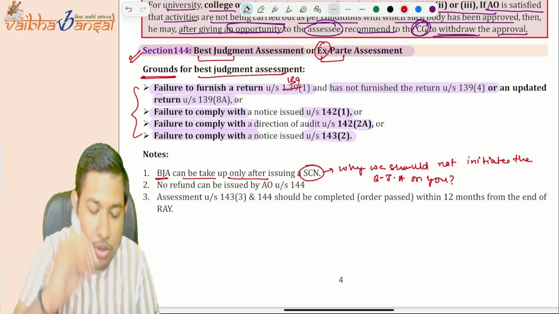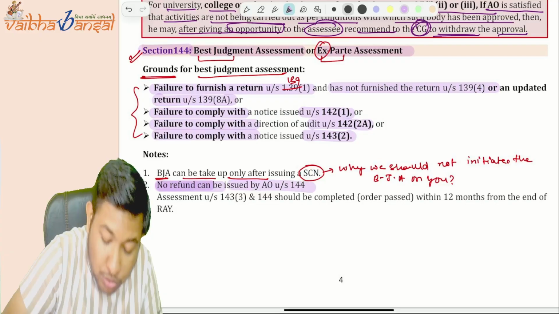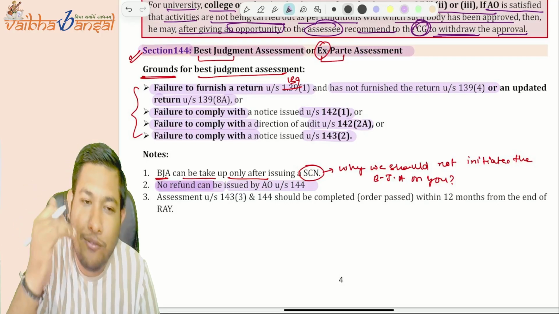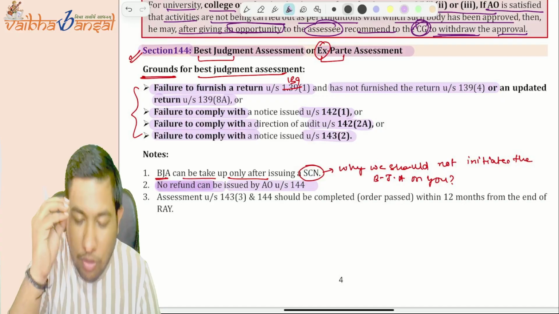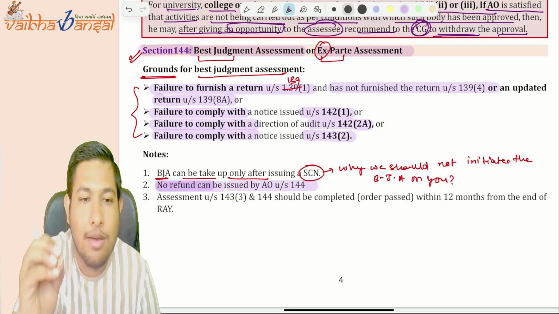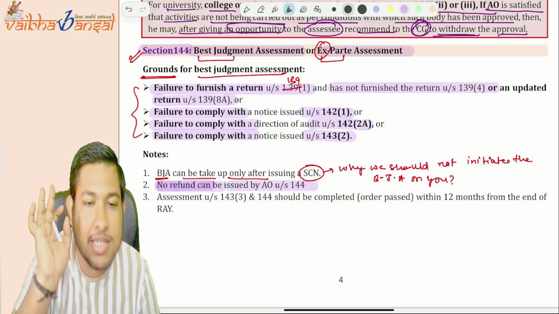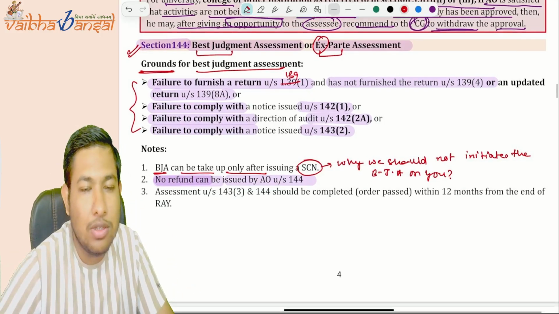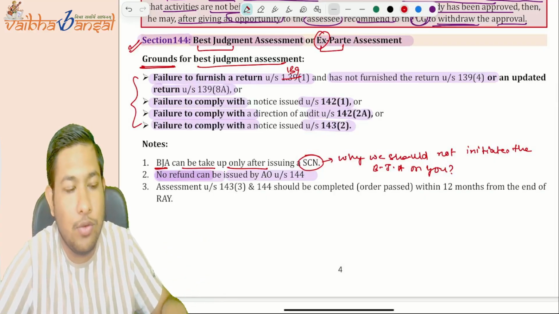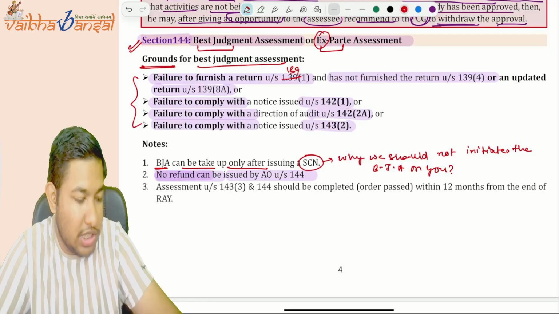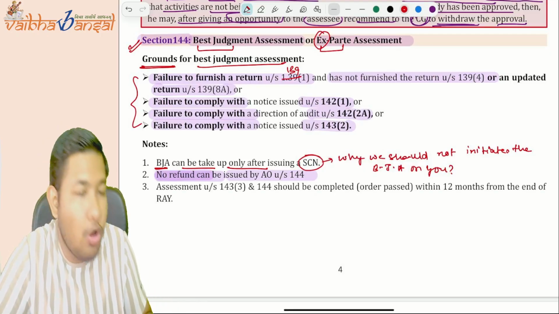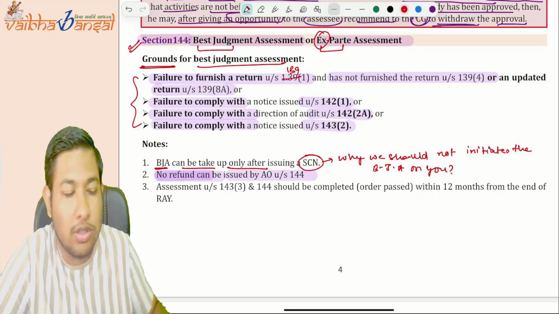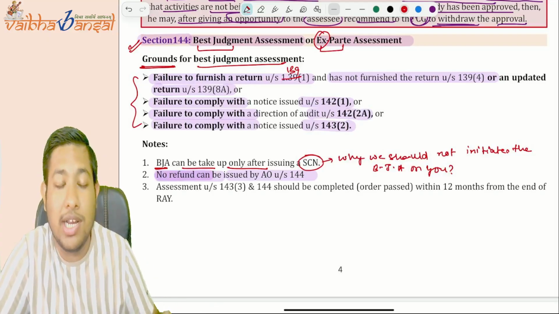In no case can a refund be issued to the assessee by the assessing officer under section 144. Even if originally a refund was being claimed, we will not give you the refund in that case. By completing the best judgment assessment, we found these are the incomes and this is the tax payable, or there can be a loss, or the deductions are higher than the income, so a refund would arise.